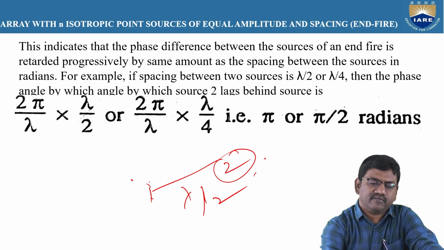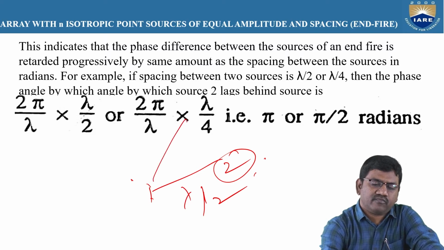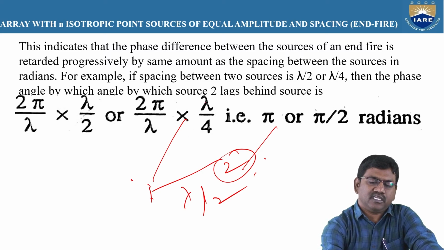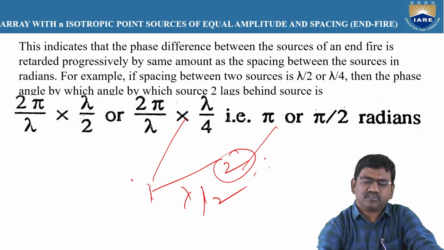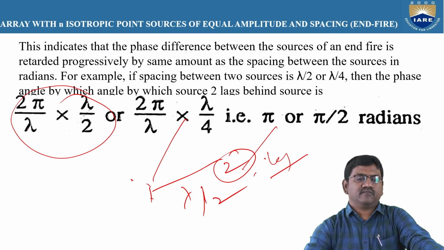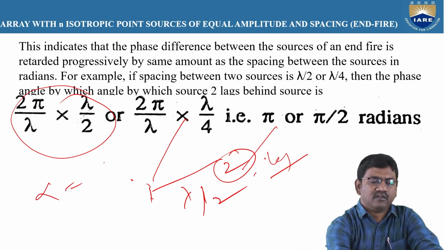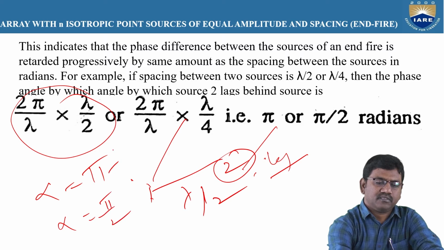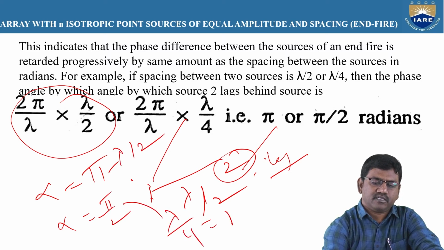It means that the radiation produced by source 1 is leading, and the radiation produced by source 2 is lagging by an angle of 2 pi by lambda into lambda by 2. So that is the meaning of this alpha value. So alpha is equal to pi by 2. This is the case for lambda by 2. This is the case for lambda by 4 distance.